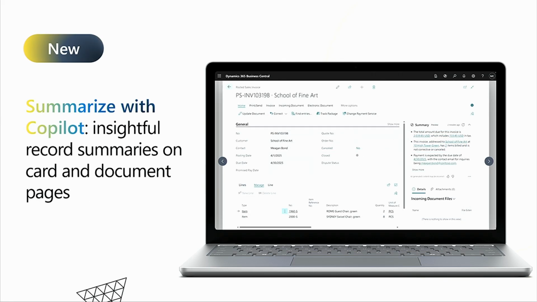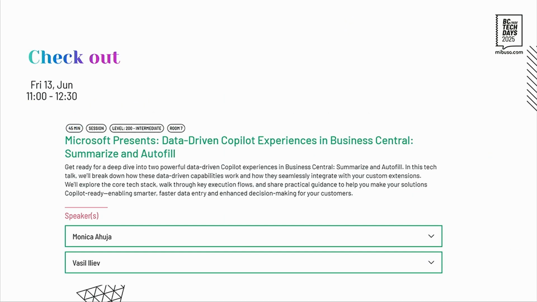Again, with Copilot, we are able to provide a summary of the entire page content and hopefully highlight the most important bits that users should be aware of or act on. To learn more about that, tomorrow there's an awesome session from Monica and Vasil who are going to really dive deep into how that works. For now, there's no development story, so everyone gets that for free, but we're also thinking about how these features could interact with your IP as well.